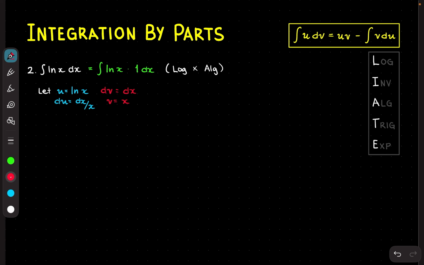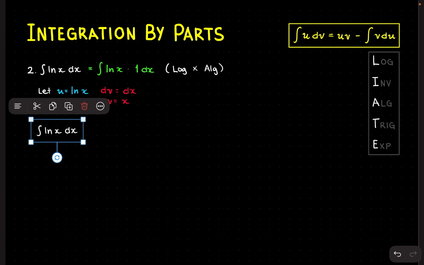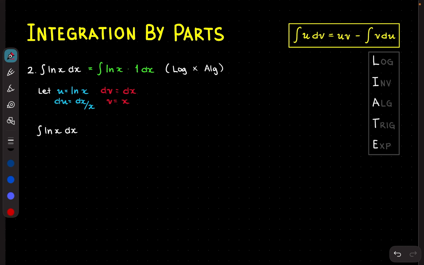Good. So I hope you were able to follow that one. From here, we can now apply the integration by parts formula. So by the formula, this integral must be equal to uv. So uv, and then this must be x. Apologies for that.